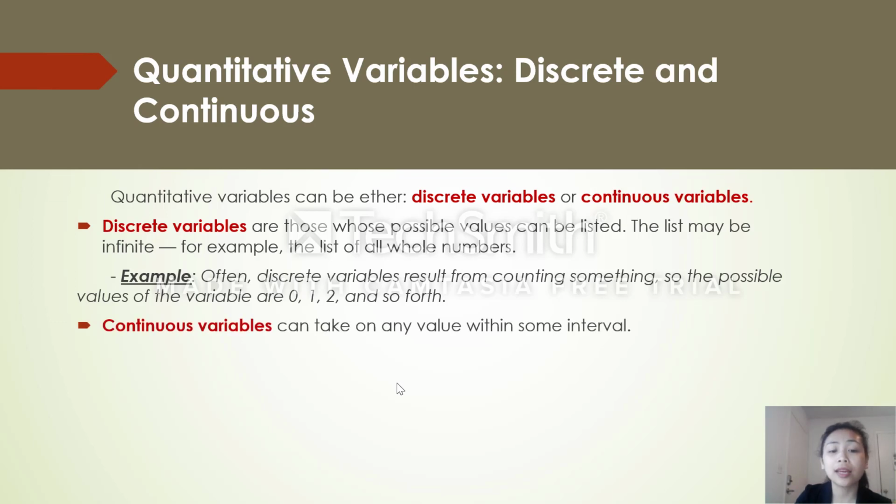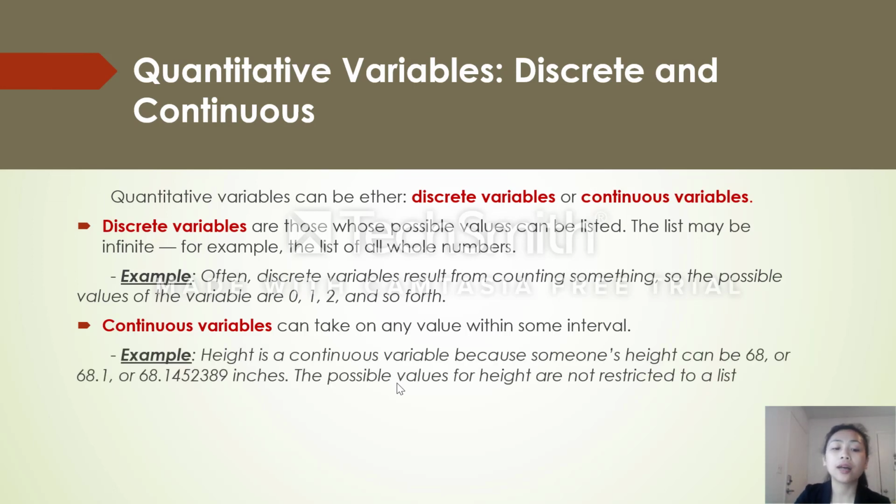Continuous variables can take any value within some interval. For example, height is a continuous variable because someone's height can be 68 or 68.1 or 68.14523889. So you see the difference between discrete and continuous variables.